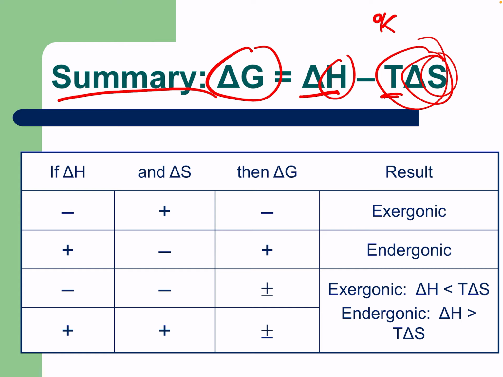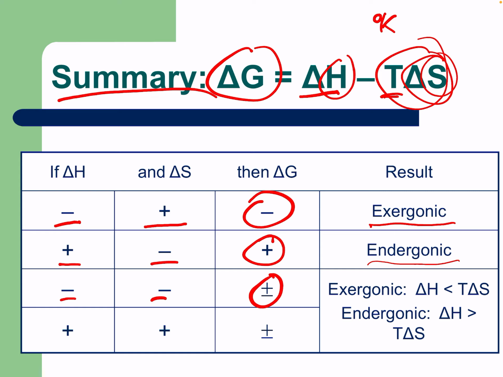If we have a negative enthalpy, positive entropy, and a negative change of Gibbs free energy, it is therefore exergonic. Positive enthalpy, negative entropy, Gibbs free energy is positive, endergonic. Here's where it gets a little different. Here we have both a negative or both a positive enthalpy and entropy, but a positive or negative Gibbs free energy.